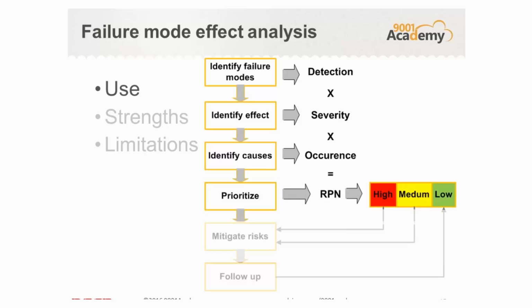Once you determine the detection, severity, and occurrence, you can multiply them and discover the risk priority number, or RPN. RPN is a semi-quantitative measure. This method is used most often in quality assurance applications. So depending on the scale for acceptance of risk levels, your risk will be either acceptable or unacceptable.